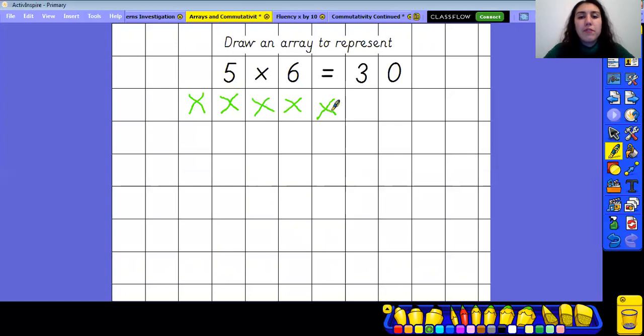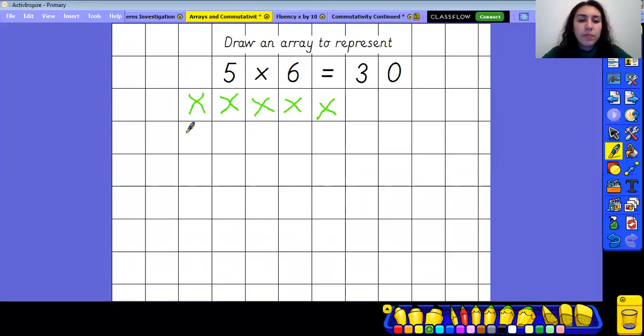I've got 5 groups there. So one of these going down is going to be a group. One of these going down is going to be a group. One of these going down is going to be a group. And one of these going down is going to be a group. There we go. So in each of my groups, because I've got 5 groups, in each of them, I'm going to have 6 crosses. So this is group 1.